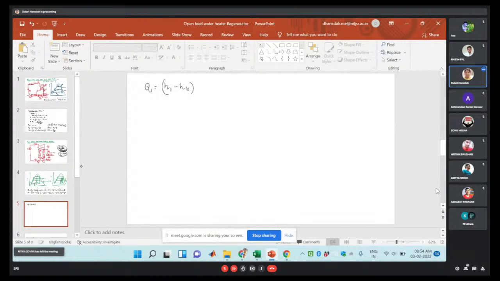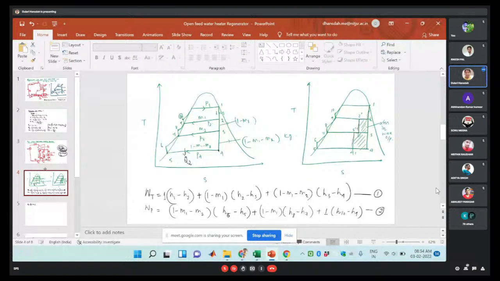The fluid mass is 1 kg. Okay, if you are observing, this is the mean temperature of heat addition. Here I have taken the dry saturated vapor or saturated vapor. If you are taking the superheated, then the graph will be like this, and there will be a continuous fall of the fluid to the condenser pressure. So you can also plot that temperature entropy diagram.